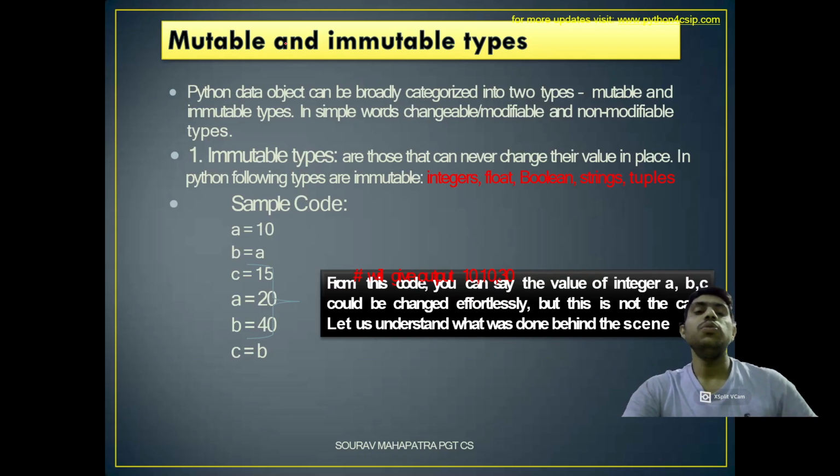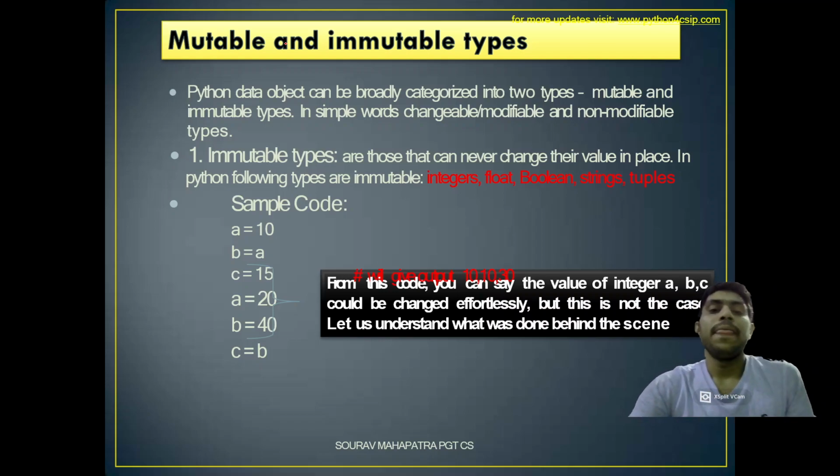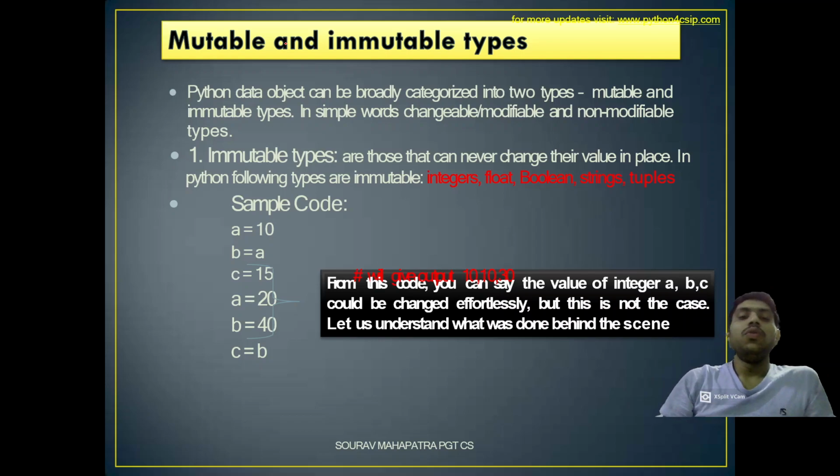Then comes mutable and immutable types. Just before, we were discussing that a list is changeable and a tuple is not changeable. So it is one concept: Python data objects can be broadly categorized into two types, mutable and immutable.